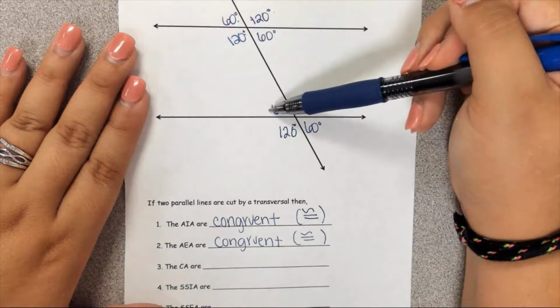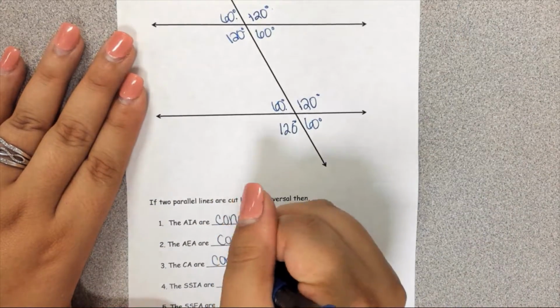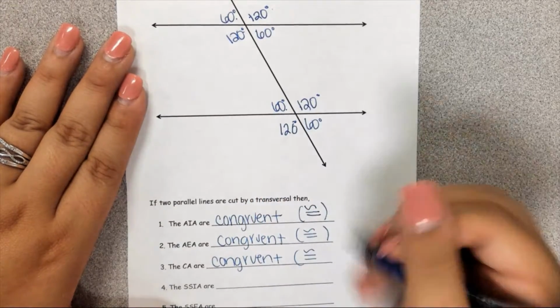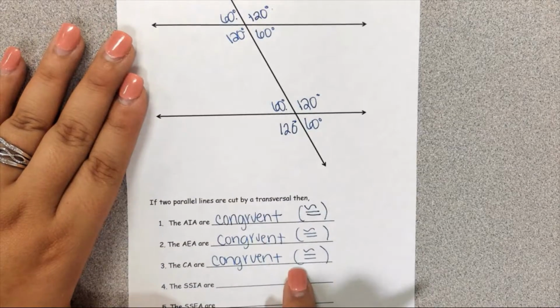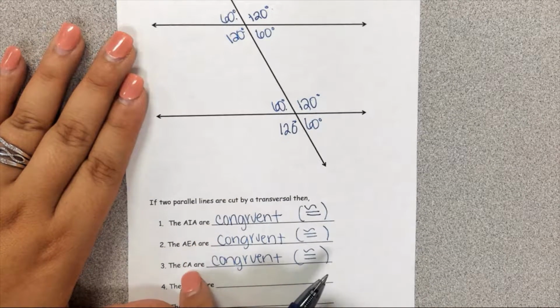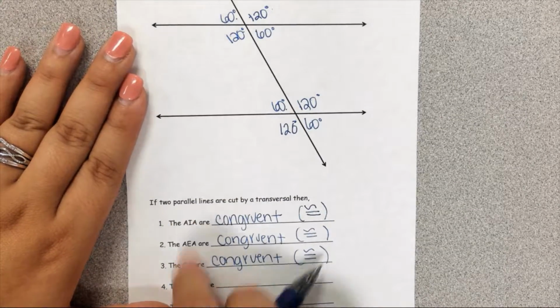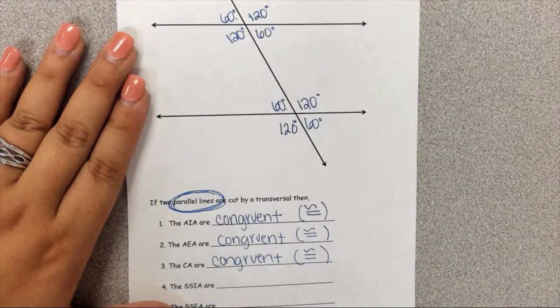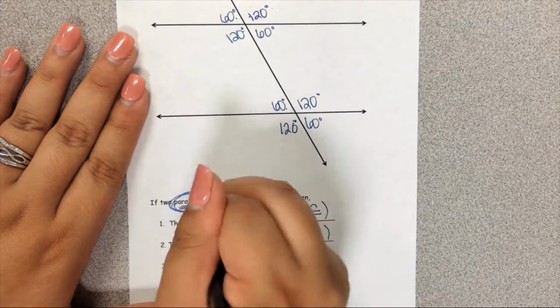Top left, they are also congruent. So, AIA, AEA, and CA are always going to be congruent if the lines are parallel. Only if the lines are parallel.